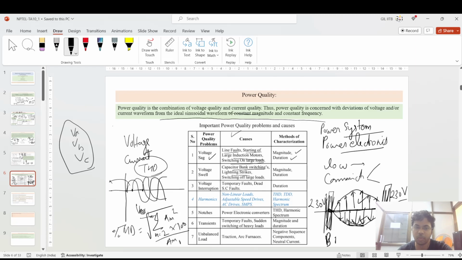Why? A capacitor bank has the capacity to boost the voltage. It can supply reactive power instantly at a certain point of time. Also remember that Q is strongly coupled with voltage and weakly coupled with delta, and power is strongly coupled with delta and weakly coupled with voltage magnitude.